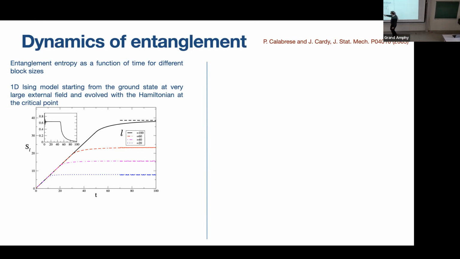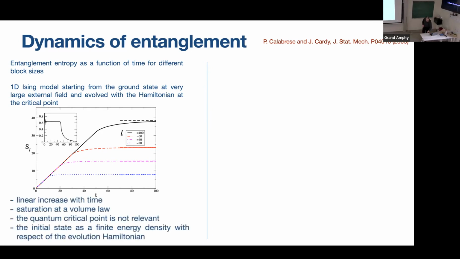Now, S of L is the block entropy for a block of dimension L. So what do we notice here? Starting from zero entropy, the state is separable. So first, the entanglement entropy grows linearly with time. First important thing, related to the fact that somehow this information spreads.